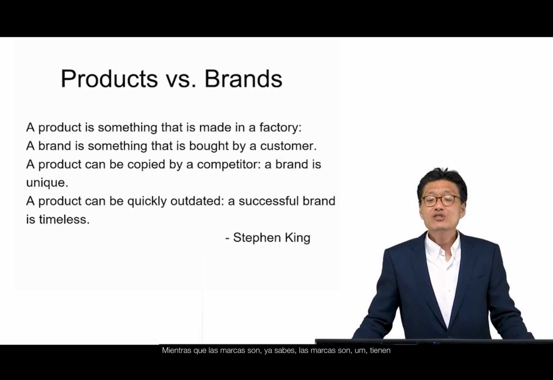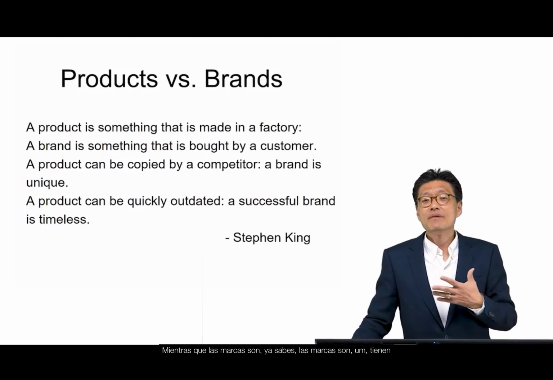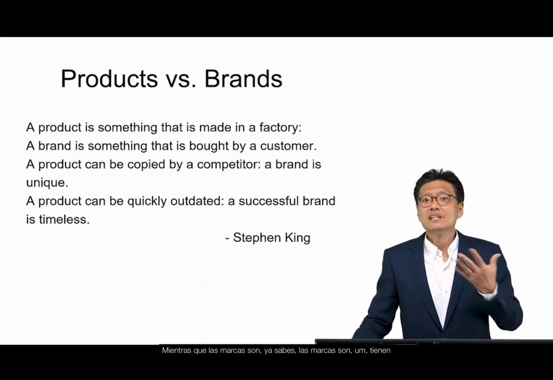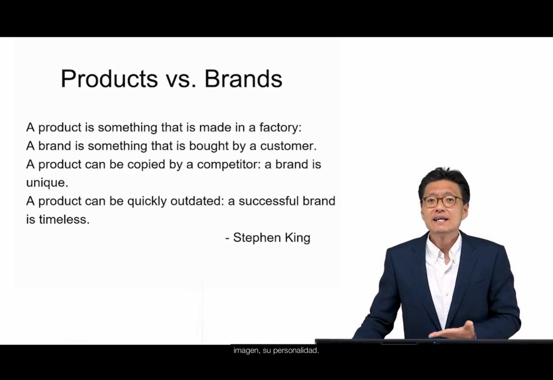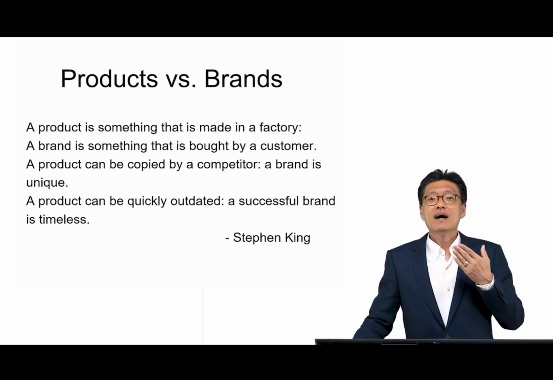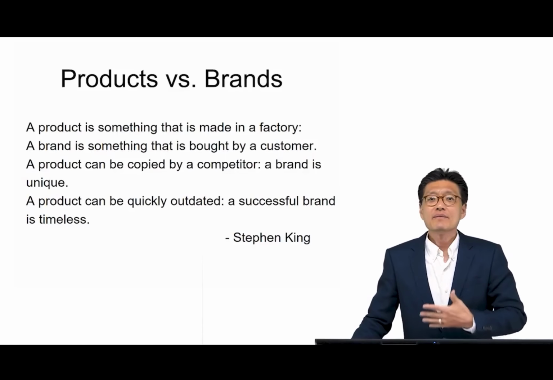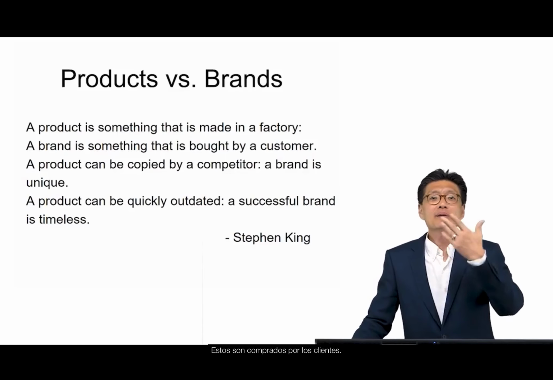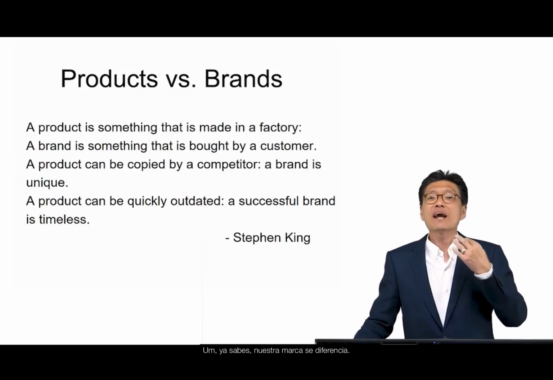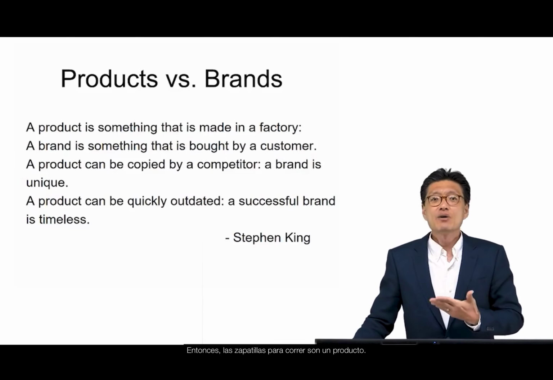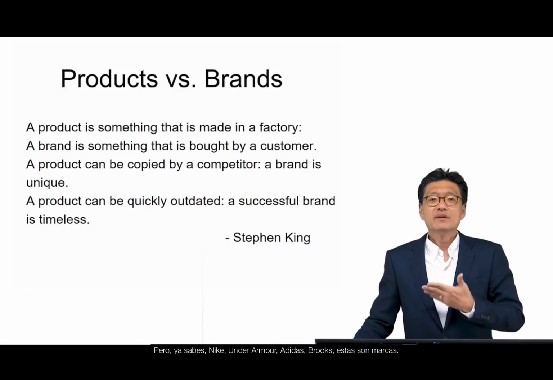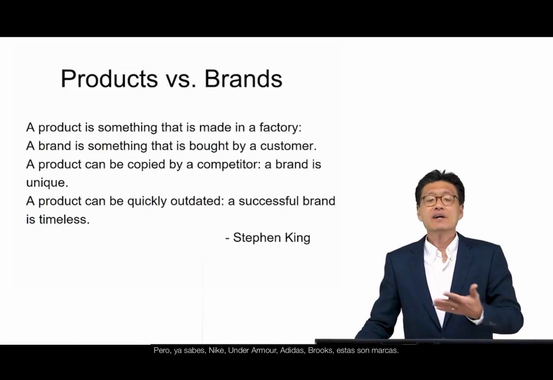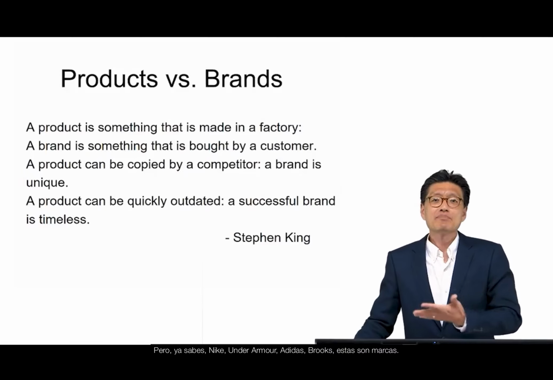Whereas brands have image, they have personality. These are bought by the customers. A brand is differentiated. So, running shoes is a product, but Nike, Under Armour, Adidas, Brooks, these are brands.